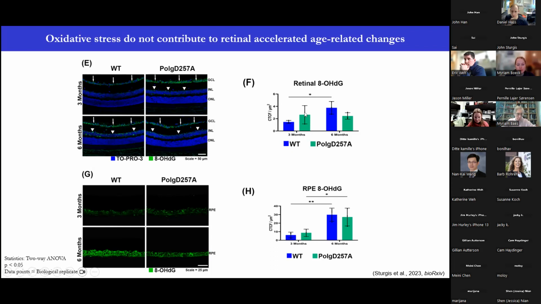This increase was not significant, but it was elevated in the 3-month-old D257A mice, specifically in the ganglion cell layer, as you can see. And then we looked right at the RPE layer with a zoomed in magnification image, and we saw again that this 8-OHdG increased with age, but it wasn't specific to the genotype of the animal.